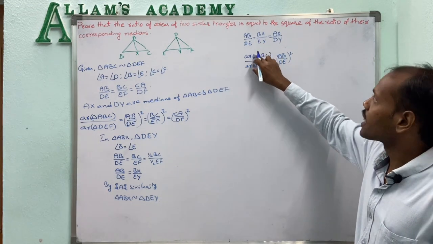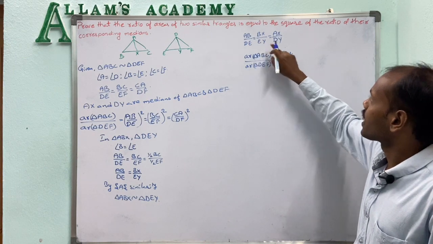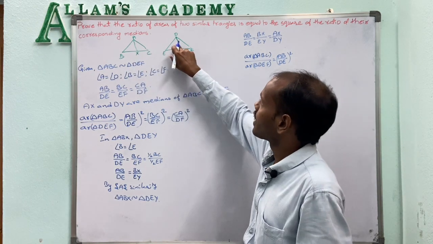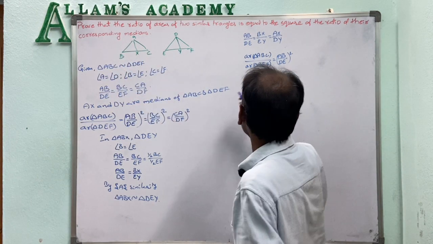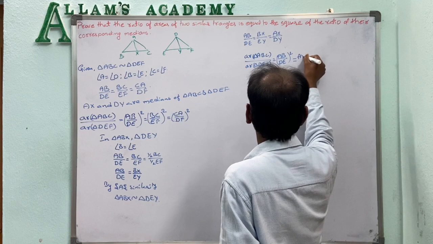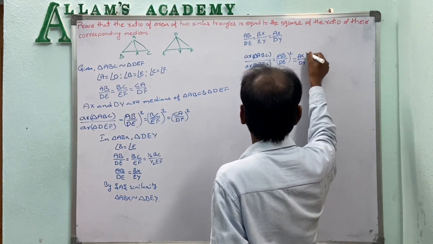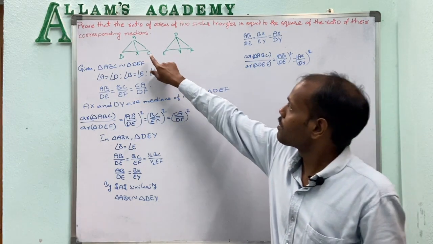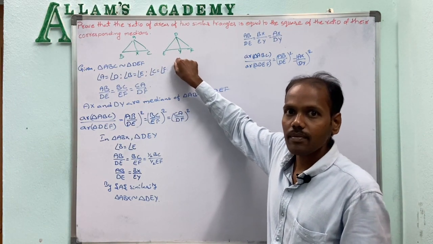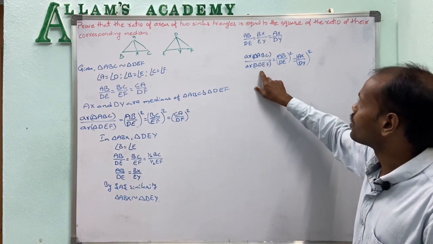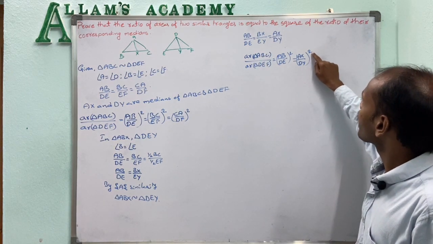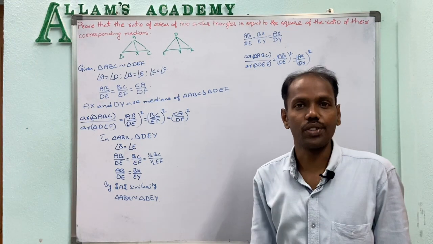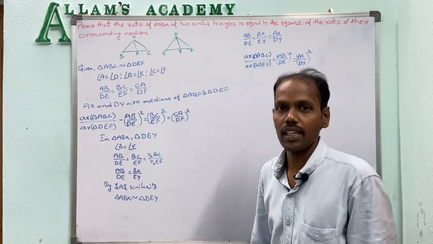From here, AB by DE equals AX by DY, and these AX and DY are medians. So the medians, I am taking AX by DY whole square. So the ratio of the areas of two similar triangles is equal to the square of their corresponding medians ratio. That one we proved here.